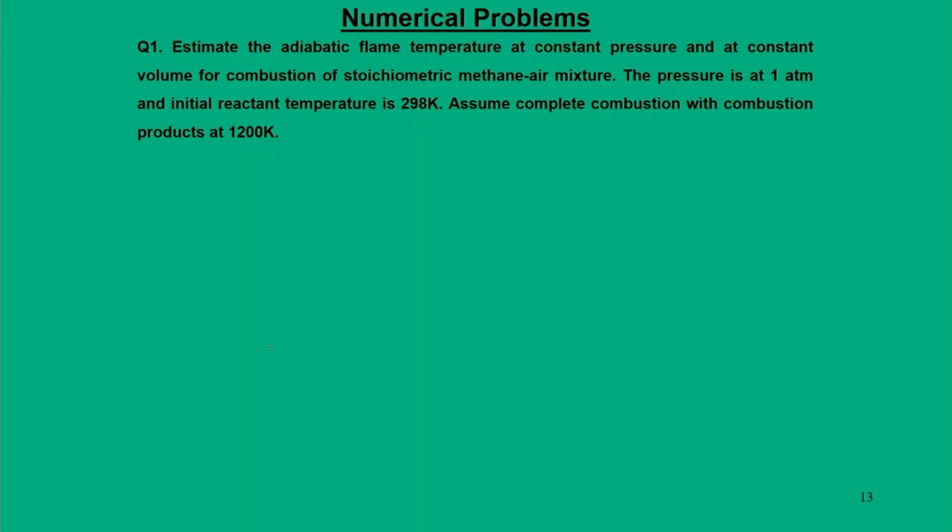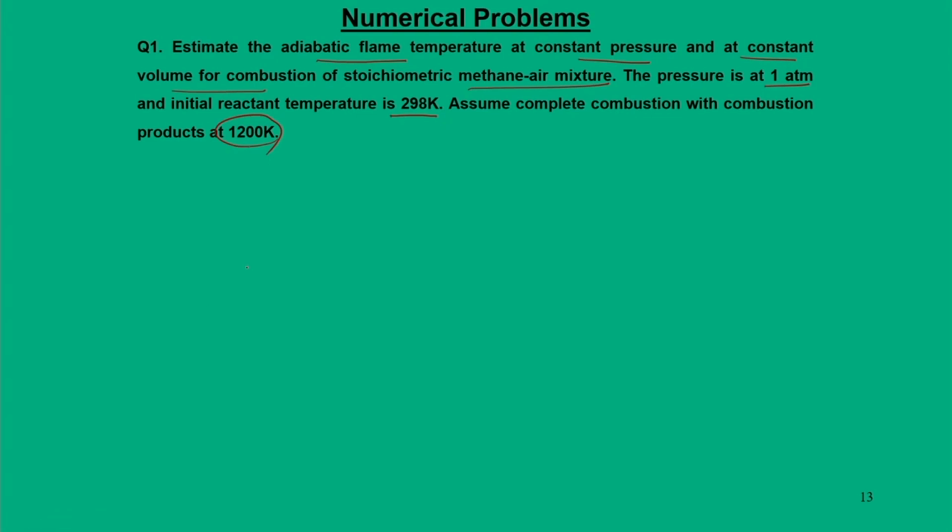So, the first problem is about the calculation of adiabatic flame temperature at constant pressure and constant volume during a combustion process for a methane air mixture. The initial conditions given are 1 atmosphere and 298 Kelvin, with complete combustion, but we need the combustion product temperature, T_P, which is 1200 Kelvin.